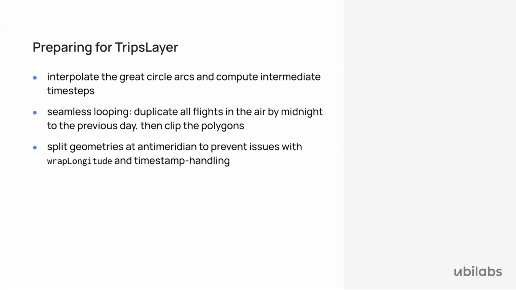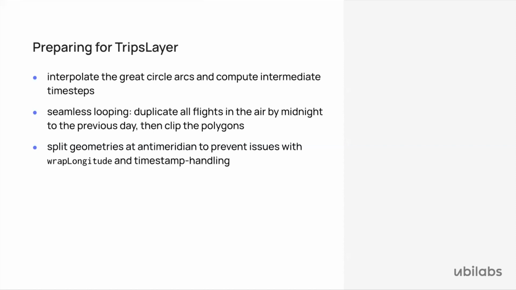This all happens in a worker. So the great circles are interpolated. We have the intermediate time steps for everything. I think we ended up with 15 or so subdivisions for every flight.